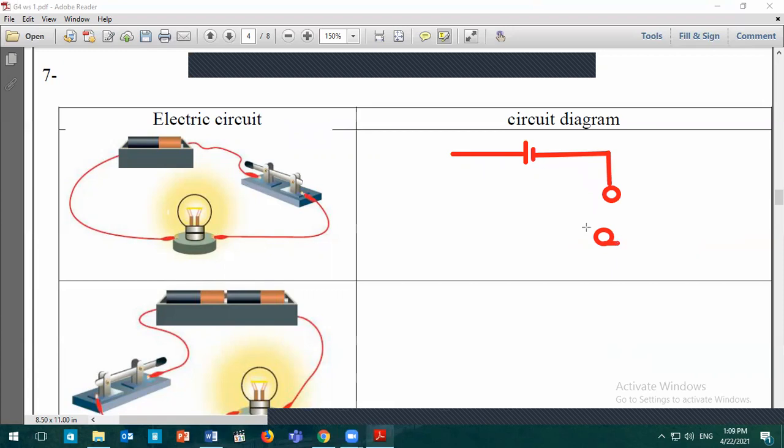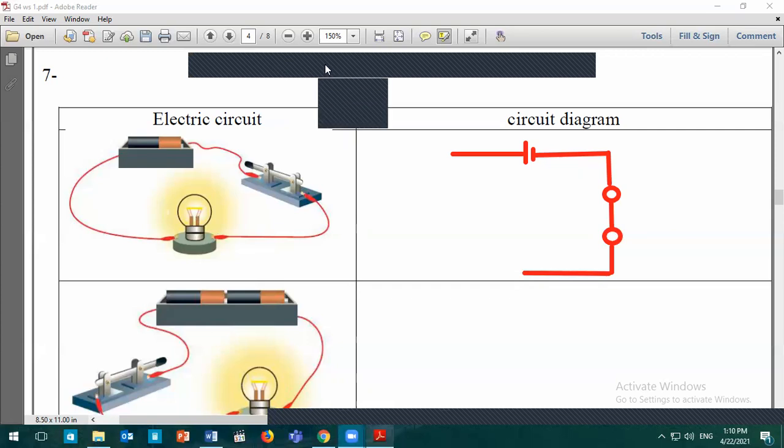I just need to move this. Let me draw the line first. There is the line. And then we'll have another circle in here to represent that the switch is on. As you can see, the switch is on. Then we'll have the rest of the wire like this, and then another one like this, and then we'll draw a bulb.